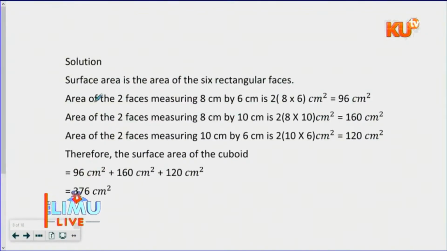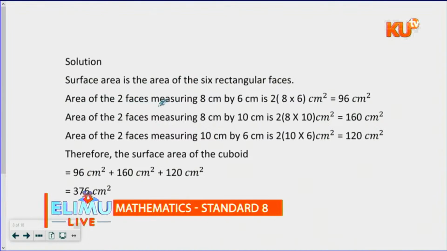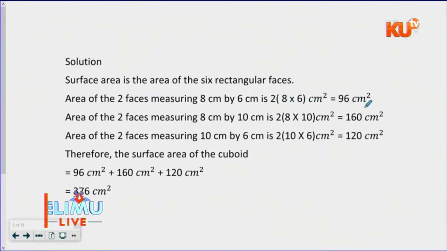So we get the area of all the 6 rectangles according to the formulas we have. Area of 2 faces measuring 8 by 6. You say 2 into 8 times 6, which will give us 96. That is area of one face gone.